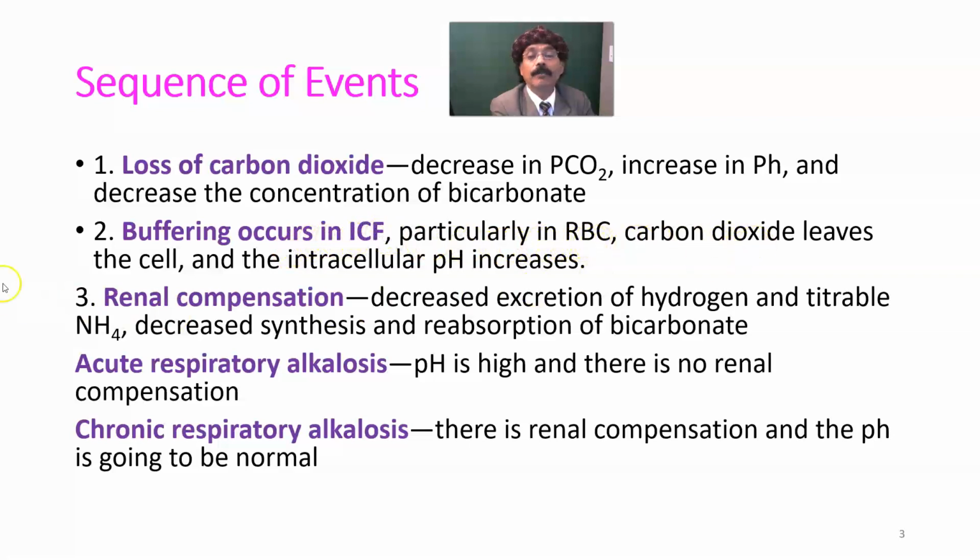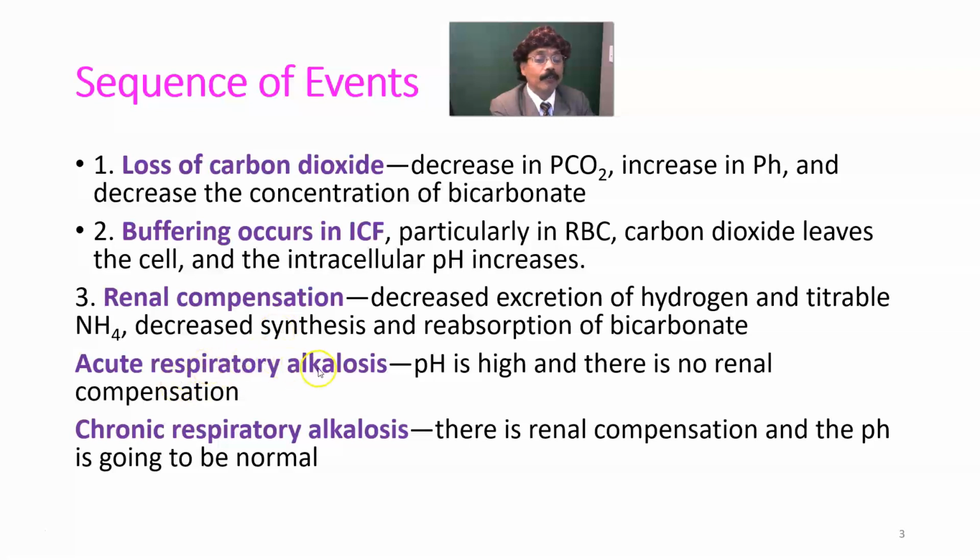Carbon dioxide leaves the cell and the intracellular pH increases. Renal compensation: decreased excretion of hydrogen and titratable ammonium, and decreased synthesis and reabsorption of bicarbonate. And we have no respiratory compensation.